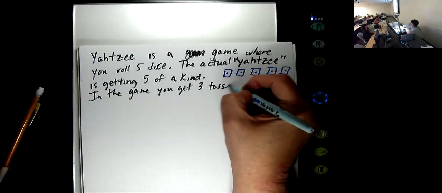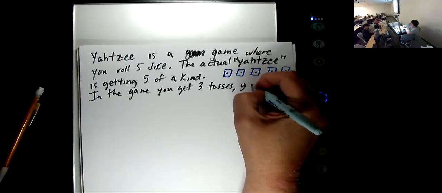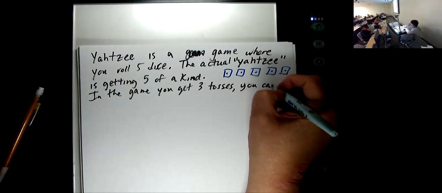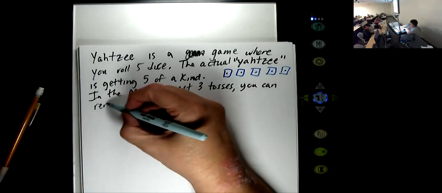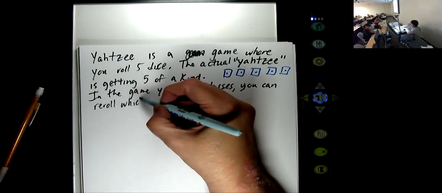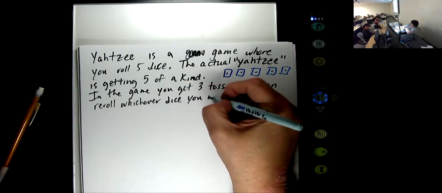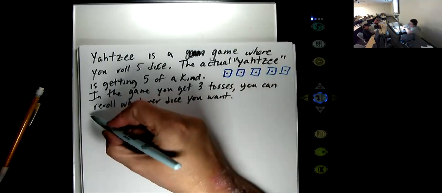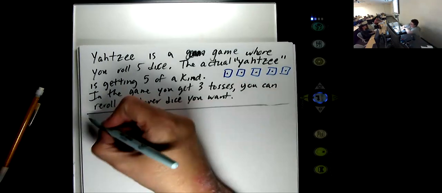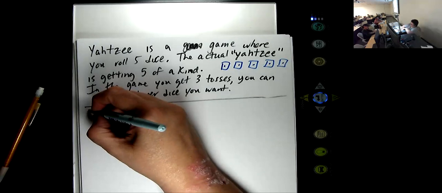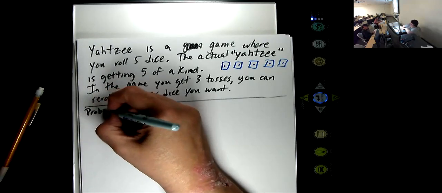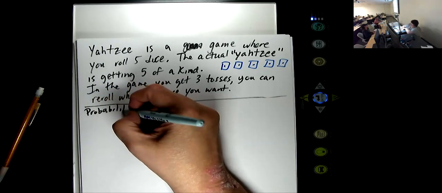Three tosses, and you can re-roll whichever dice you want. What we're gonna do, that's the game of Yahtzee. We're gonna look at getting a Yahtzee in 1 toss. Probability of getting a Yahtzee in 1 toss.